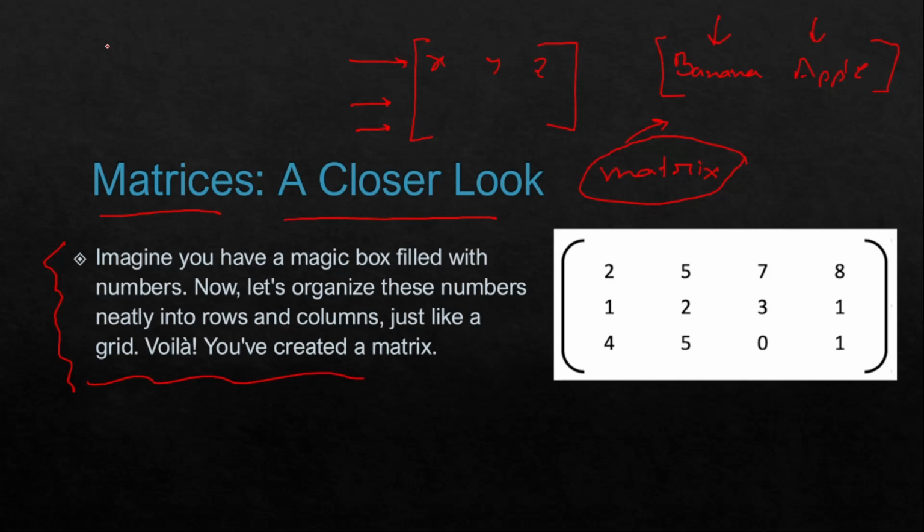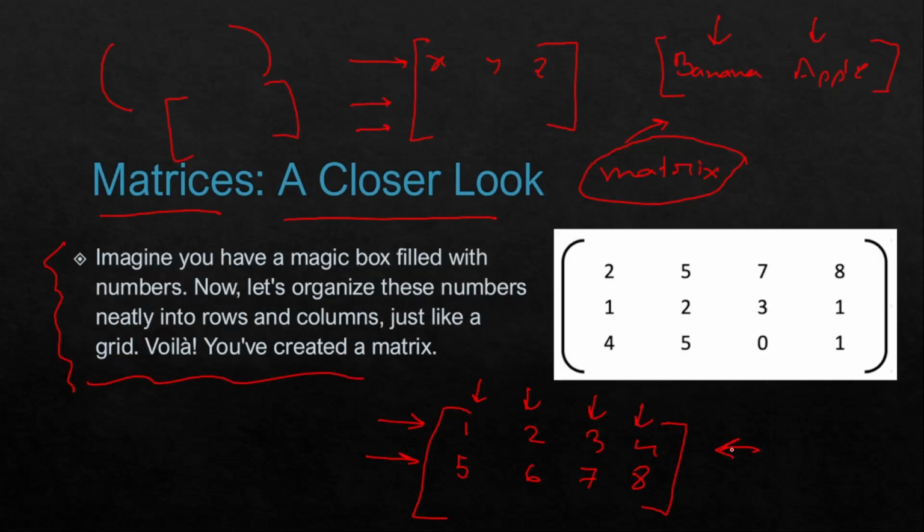We write a matrix with either round brackets or square brackets, then we start writing our numbers or data. It doesn't matter how many rows or columns you have, but you have to write the data in columns and rows. That's something you have to be careful about. This will then be a matrix.